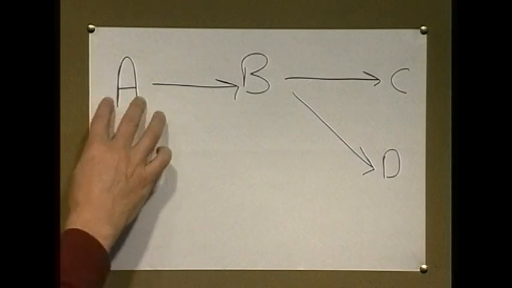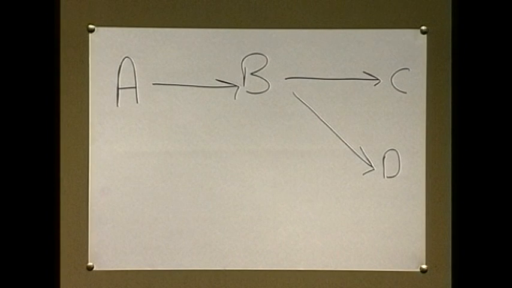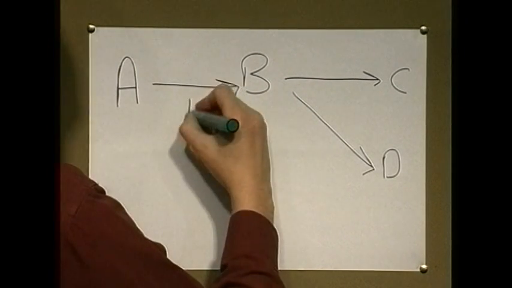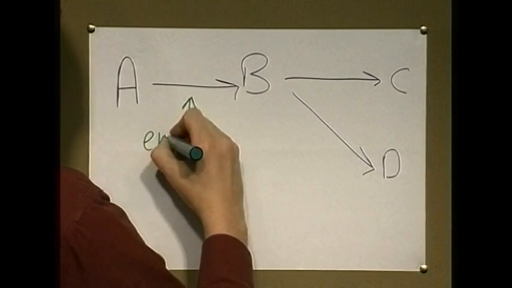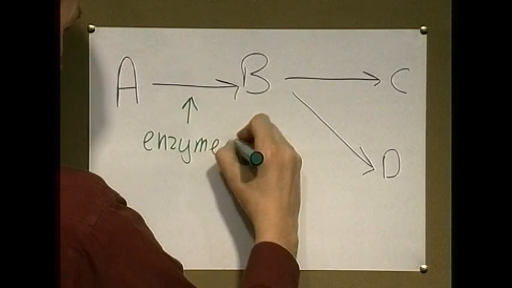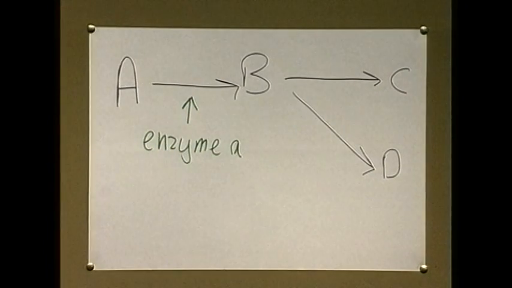Now, A will not be converted to B unless it's acted on by an enzyme to facilitate the reaction. And let's call that enzyme A. Enzyme A is the biological catalyst present normally in liver cells that facilitates that reaction.